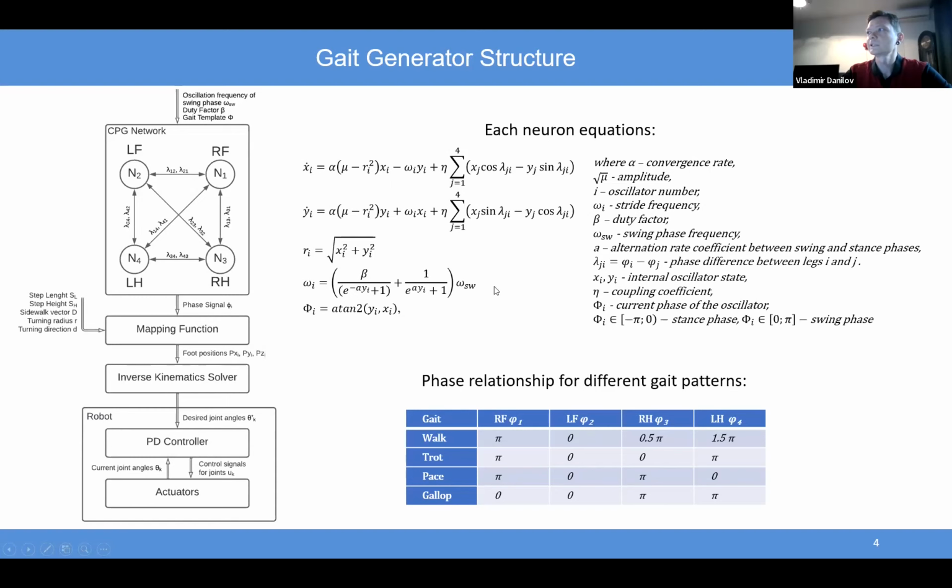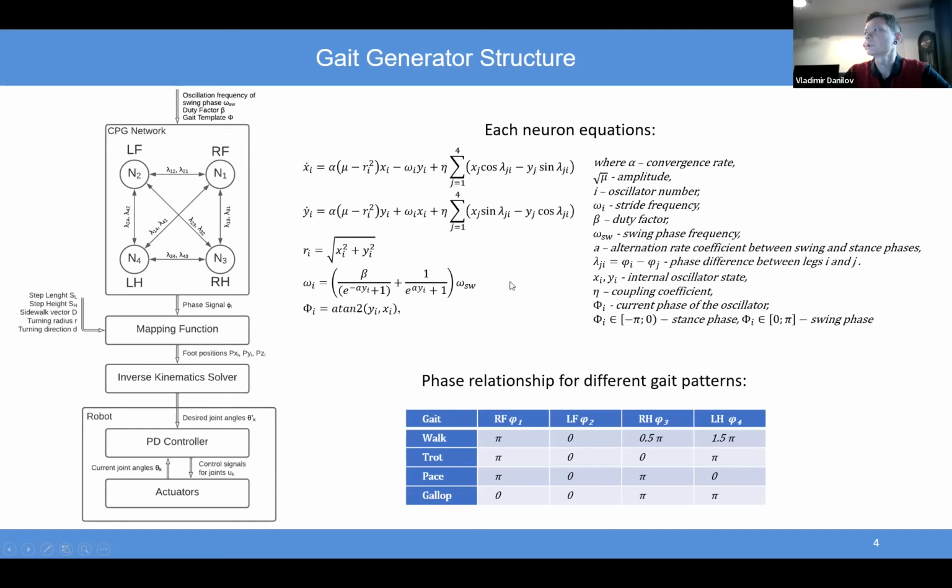Here you can see the equations for each neuron. As I said, it is a Hopf oscillator. And using these equations, we can change our gait type online. We need to just change omega SW.